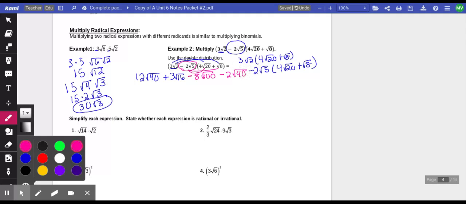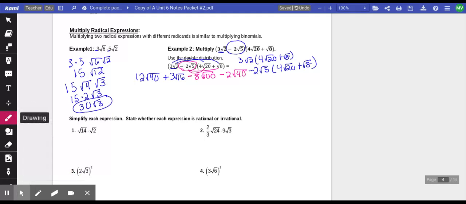Now I need to simplify everything to see if I can combine like terms. So 40 has a perfect square factor of 4. So that's 12 times radical 4 times radical 10. Plus 16 is a perfect square, so that's 3 times 4.